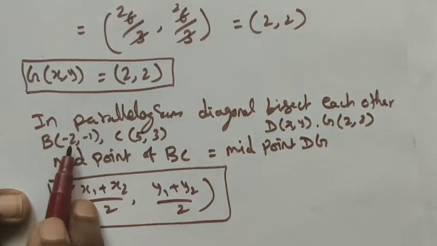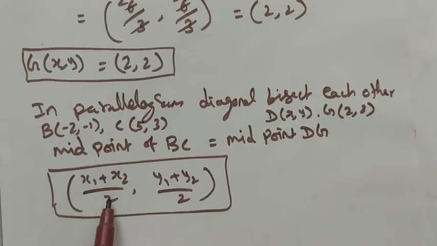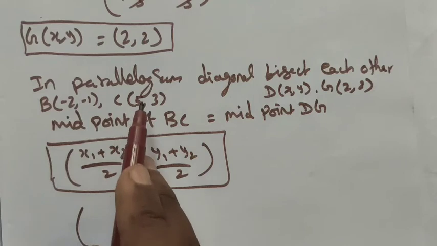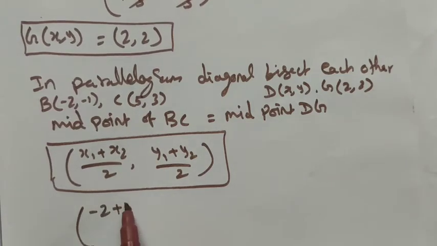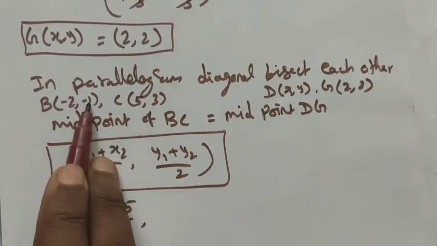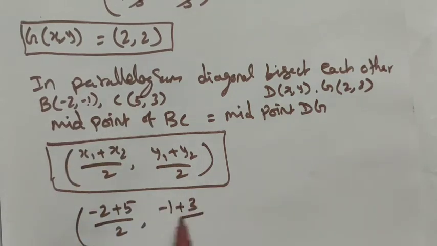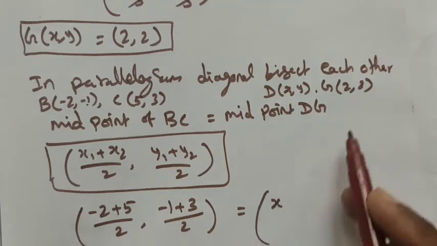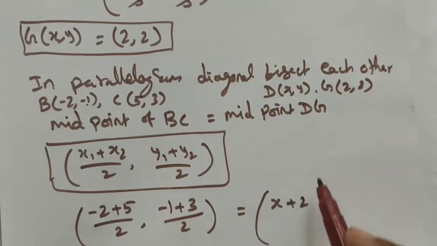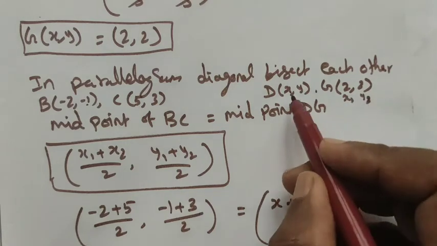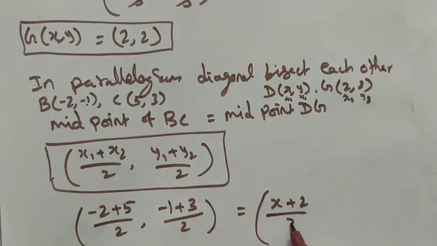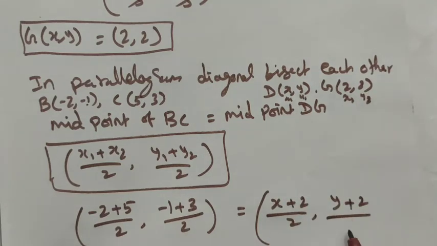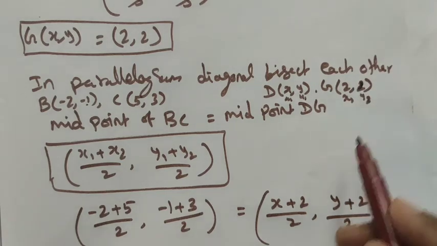In this formula, applying it for the midpoint of BC: minus 2 plus 5 divided by 2 comma minus 1 plus 3 divided by 2 is equal to, on the same side, x plus 2 divided by 2 comma y plus 2 divided by 2.